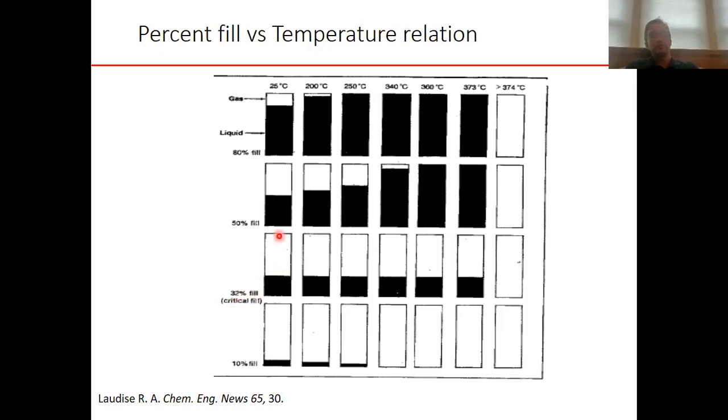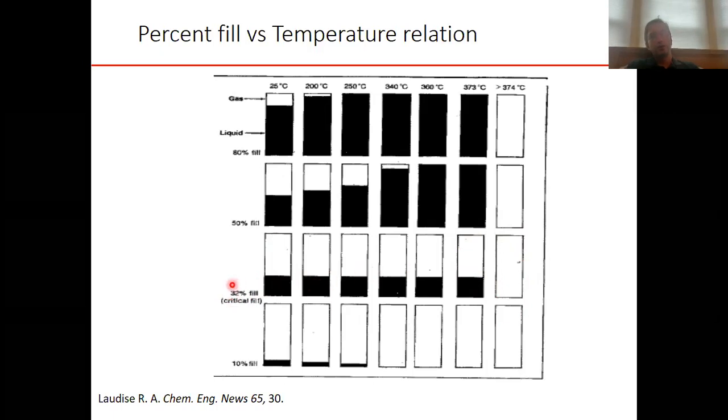So the ratio between the volume of the gas phase and the liquid phase is exactly constant until, of course, the critical temperature, where both the liquid and the gaseous phase convert into the supercritical phase.